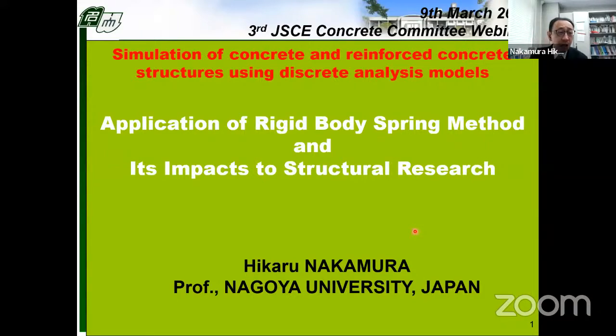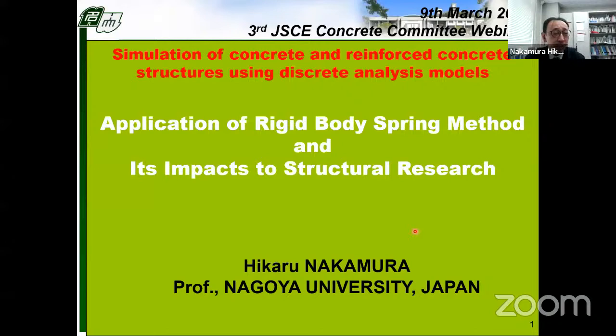Now I'm working at Nagoya University, but before I worked at Yamanashi University, with Professor Saito, who was a student of Professor Hikosaka and Professor Bolander. I worked with him and learned much about Professor Bolander's achievements.